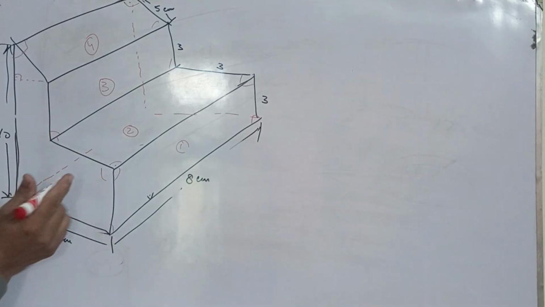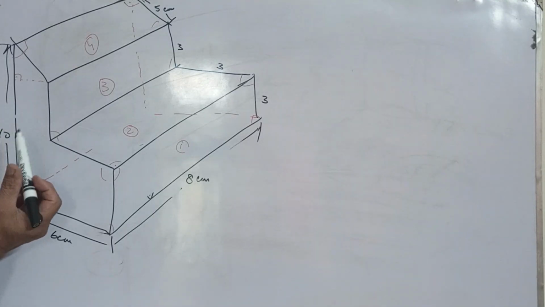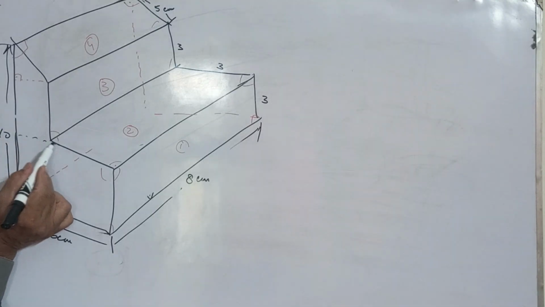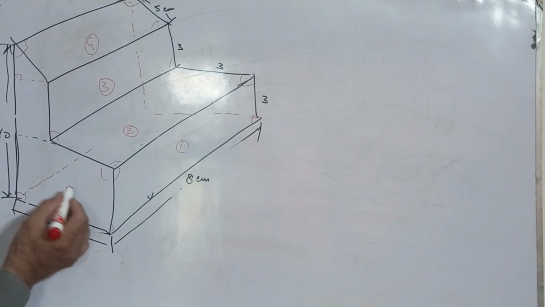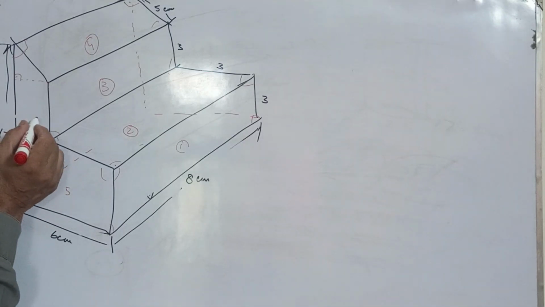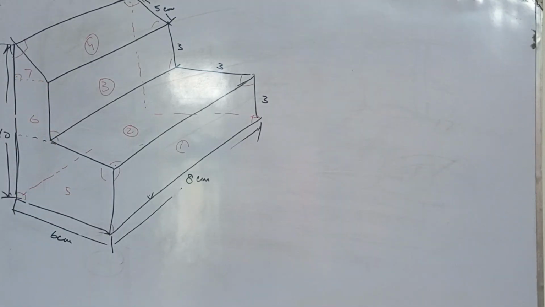Now this is again a rectangle. Let me number it 5. This is again a rectangle 6. This is a triangle 7.